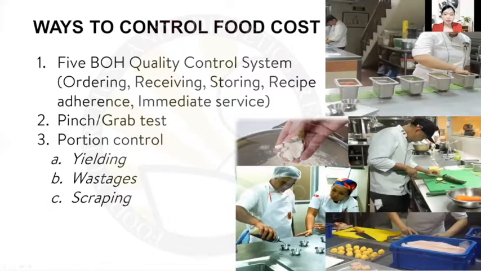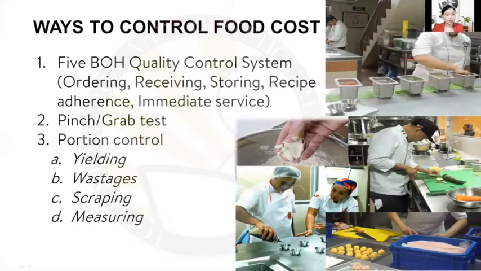Scraping is a practice wherein we make sure that we consume all of the ingredients in every recipe that we do, especially for sauces or dressings, which have to be scraped in order to use up all of the remaining ingredients in the container.